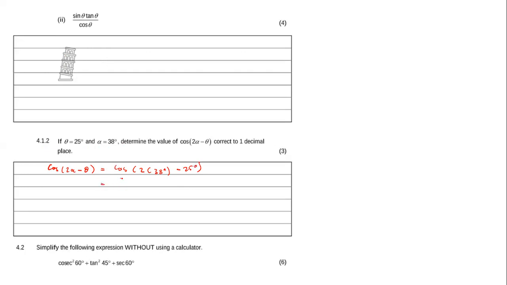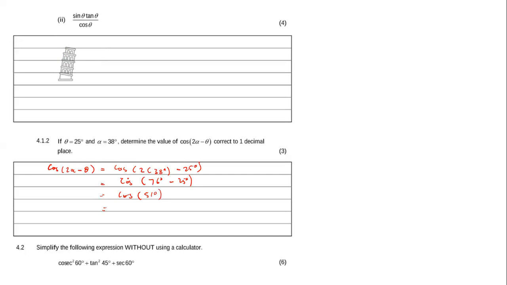And therefore, we can just say cos of 2 multiplied by 38, which is 76 degrees, subtract 25 degrees. So we have cos of 76 minus 25, which gives us 51 degrees.